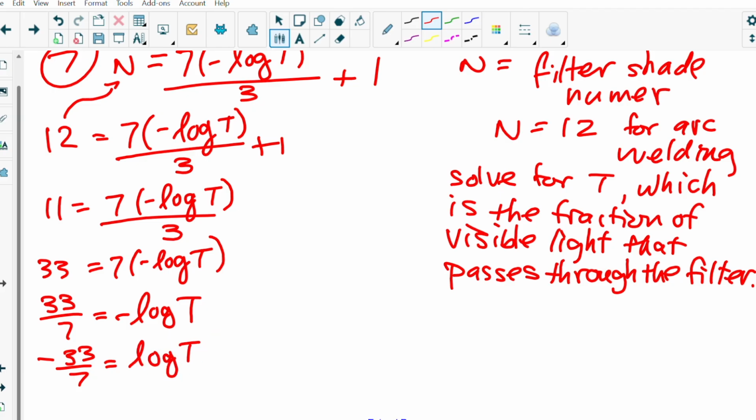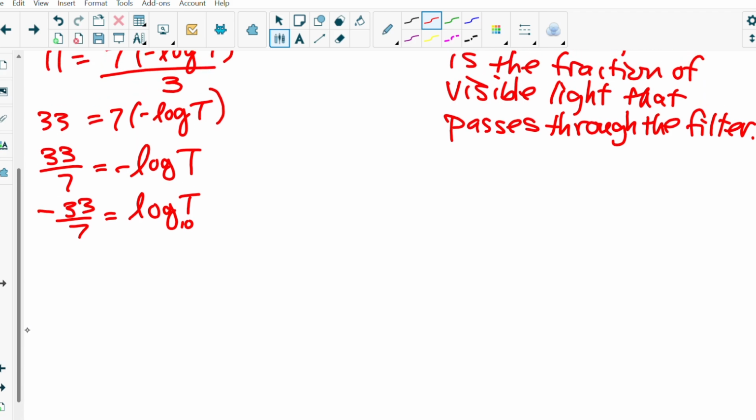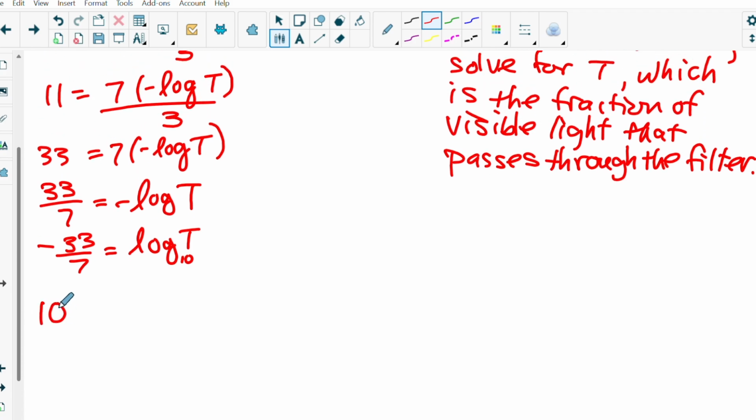All right, what are the tools we have to solve a logarithmic equation? Well, one of them is to convert it to exponential form. I know this is a base 10 log. This is a common log. So what will I do? I will say 10 to the negative 33 sevenths equals T. So there we go.